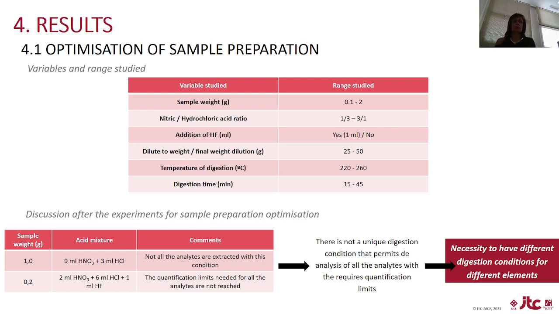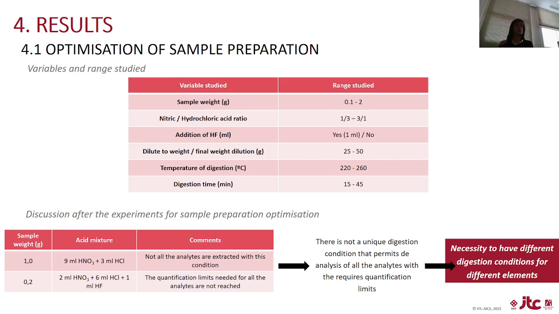To optimize the sample preparation method, different experiments were carried out by changing each variable between the ranges shown in the table. 35 reference materials were used to perform the optimization to ensure the accuracy of the sample preparation method developed.